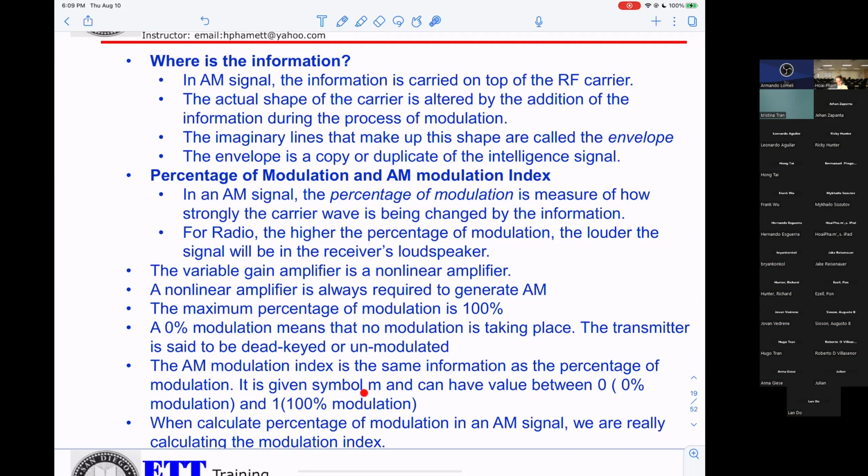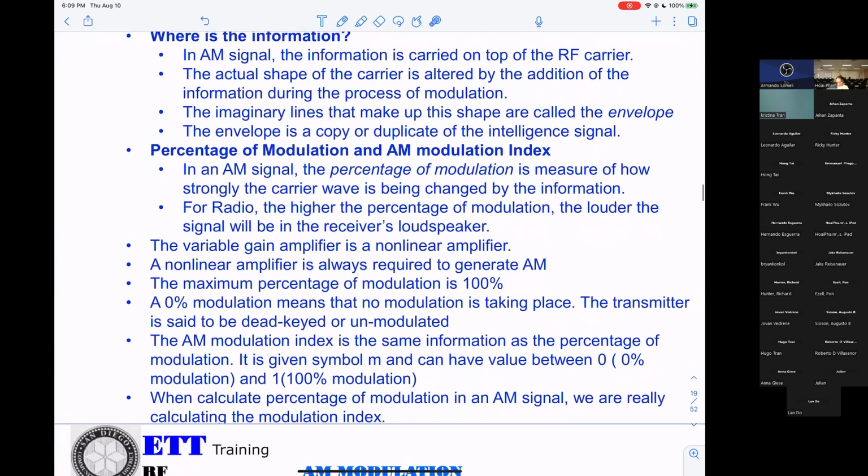It is given simply as M, small letter m, and can have a value between 0% modulation, okay, and 100% modulation. When we calculate the percentage of modulation in an AM signal, we are really calculating the modulation index.